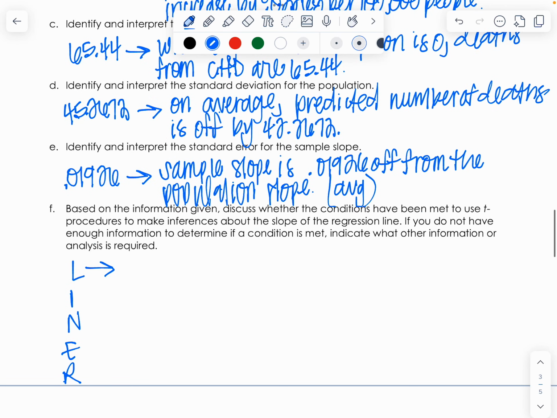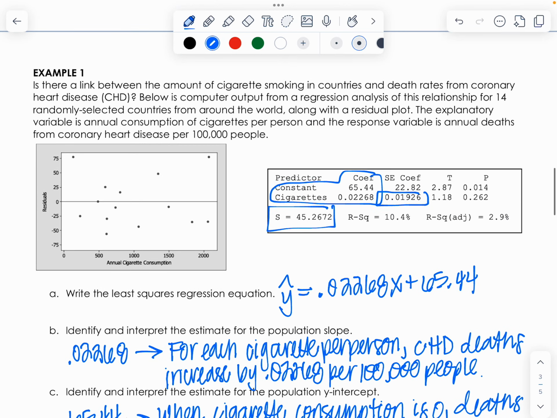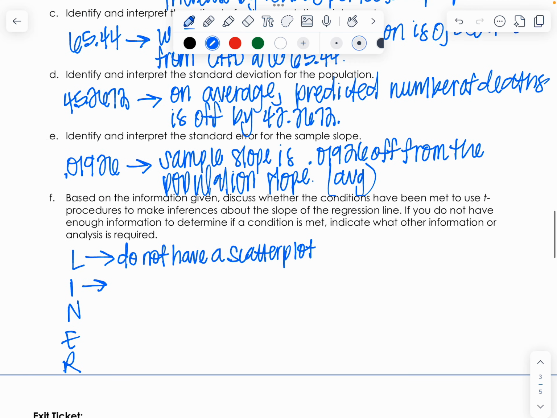So we cannot say, because we do not have a scatter plot. Okay, I, independent. Here we took a sample of 14 countries around the world. 14 is definitely less than 10% of all countries. So we are good there.